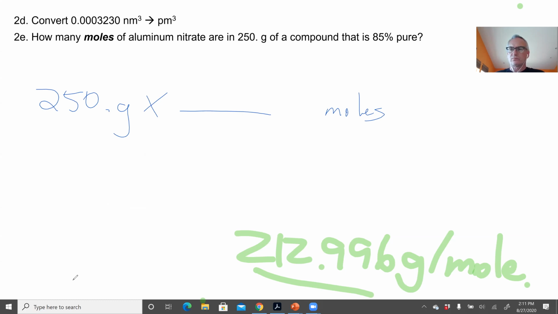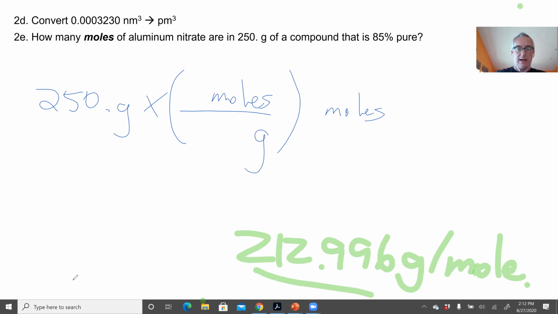Where am I going to put moles and where am I going to put grams in my conversion? Moles per gram. So moles on top, and then grams on the bottom.